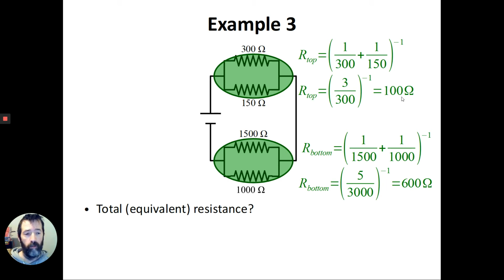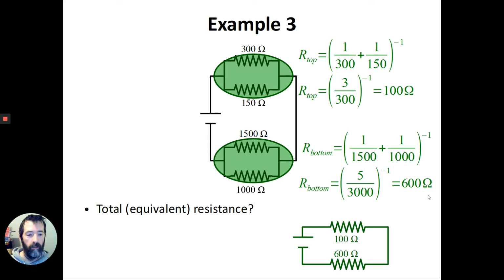So it turns into just 100. This one, the best common denominator is going to be 3000, so you get 5 over 3000. And then when you flip that, you get 600 ohms. So this is what I have simplified the circuit to look like. Battery, its 100 ohm section, and then the 600 ohm section on the bottom. And that means the total resistance is 700.